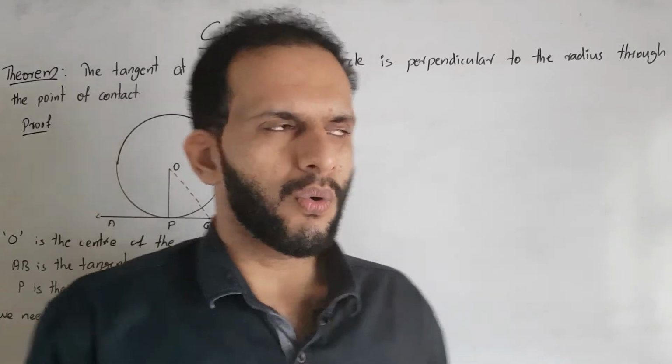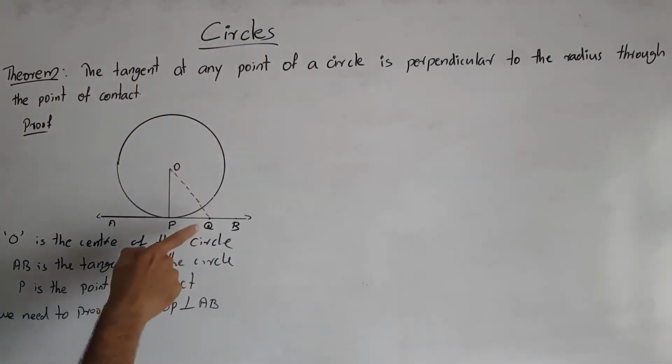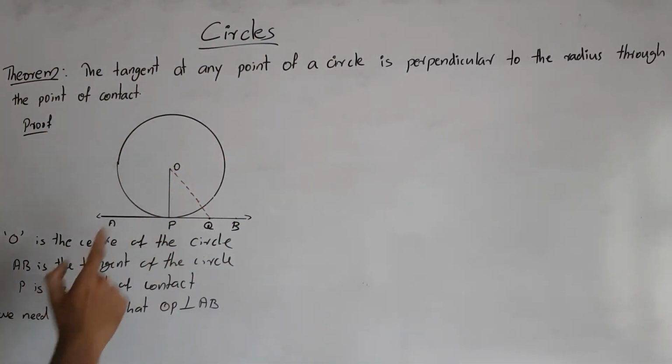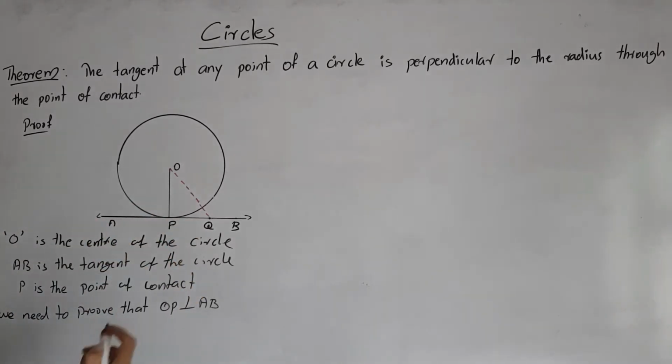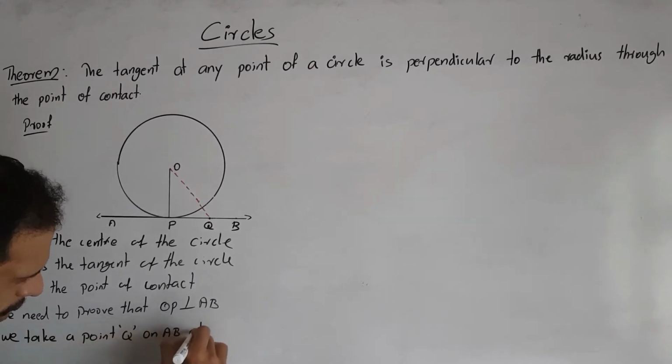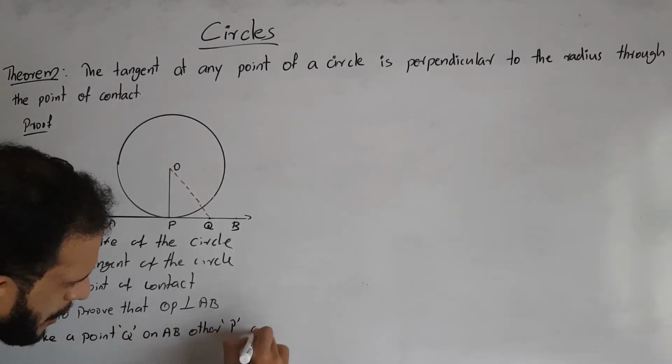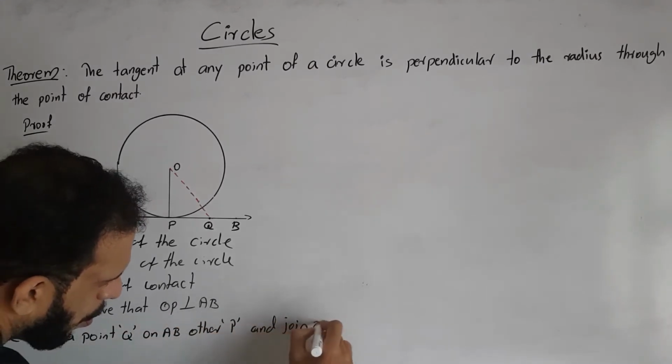Okay, so here we choose the point Q, then surely the point Q lies outside the circle. Just writing the idea: take point Q on AB other than P and join OQ.